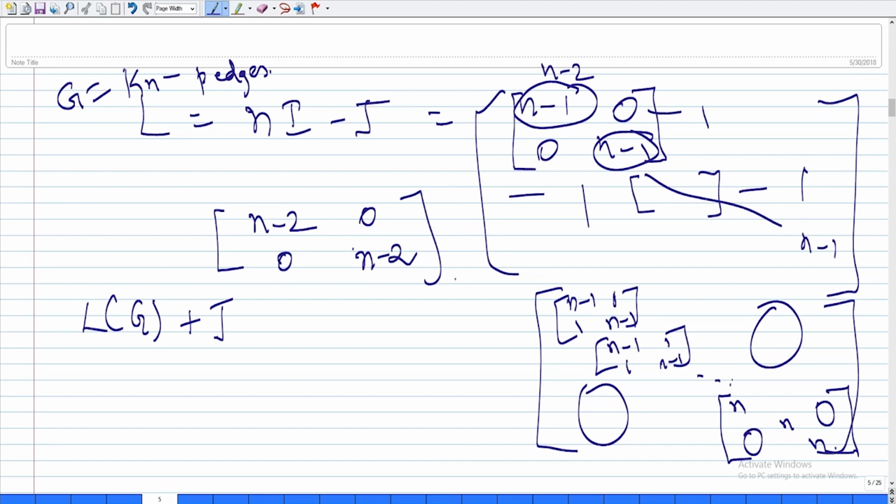So, if I want to find the spectrum of this, it is going to be contributed by each of these blocks, because the other entries are 0, only the spectrum is coming from a block matrix, block diagonal matrix, right. So, what is the spectrum of these block diagonals? Determinant of each of these block diagonals, right.